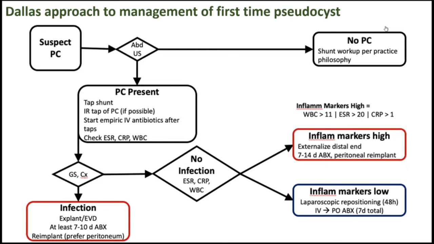The ones that happen right after the shunt's done, within a couple of months, seem to make sense as infection. The ones that happen years later, it's hard for me to understand exactly why all of a sudden they're not absorbing their CSF anymore. Yeah, that's the main issue we're trying to get at. Those are the ones that we're very interested in. We think we can get away without explantation.